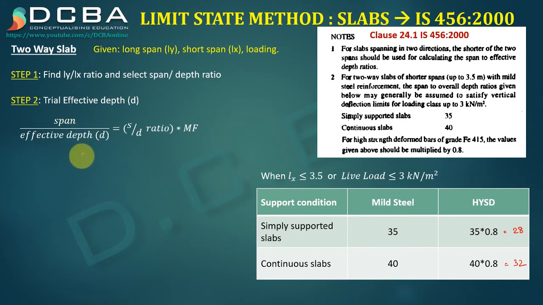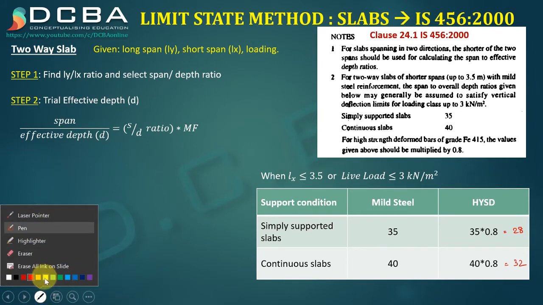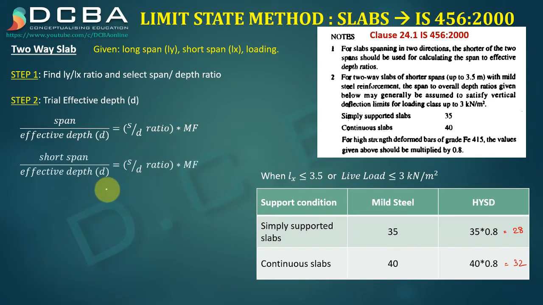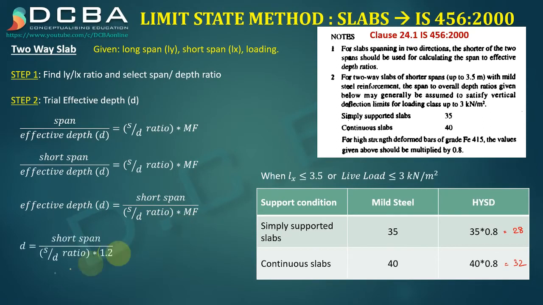So span to effective depth is equal to whatever ratio you have multiplied by the modification factor. This is the short span, so effective depth will be short span upon the span to depth ratio into the modification factor. So d is short span upon span to depth ratio into 1.2.